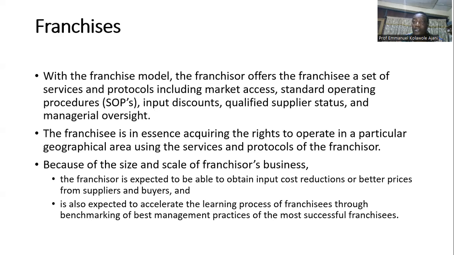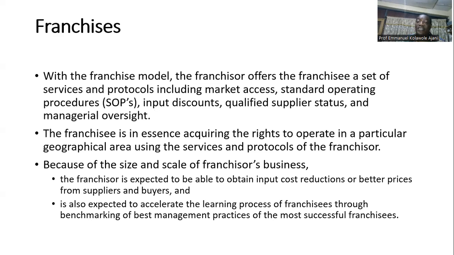And also they will be providing a set of services and protocol. As a result, the franchisee will be able to access the market that the original company is accessing, and also keep to standard operating procedure, and also get input discounts, acquire the qualified supplier status, and also follow the managerial oversight as laid out by the franchiser.